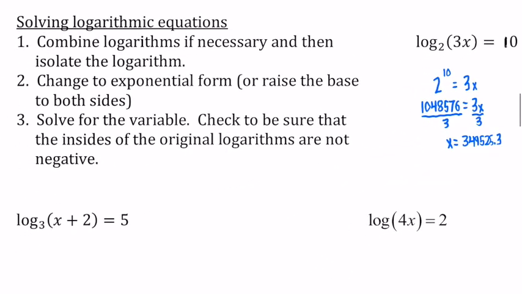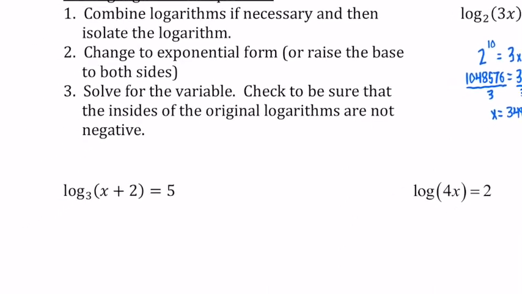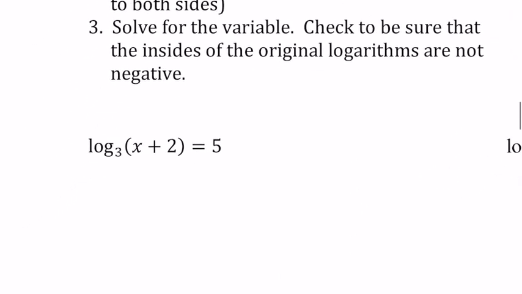Let's take a look at another example. Here we have the logarithm base 3 of x plus 2 equals 5. Here, if we change this equation to exponential form, the base stays the same, which is 3. The answer of the logarithm becomes the exponent of the exponential form, 5.